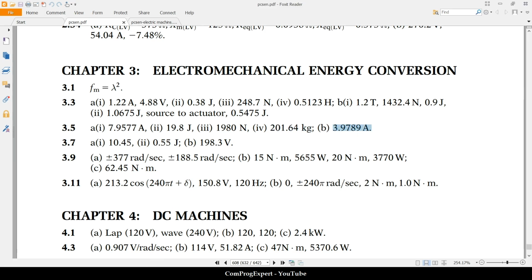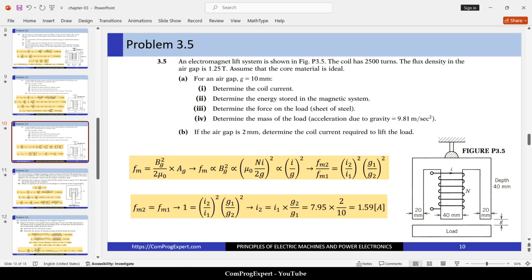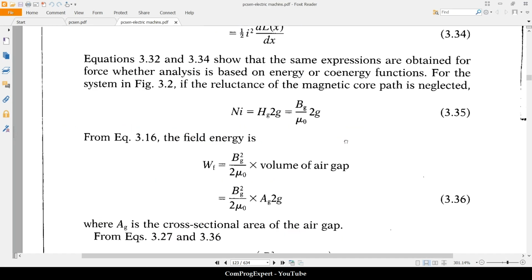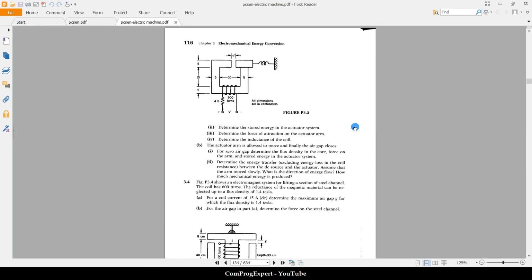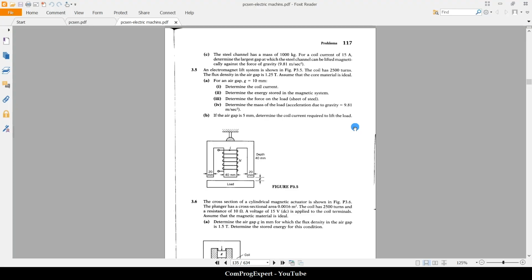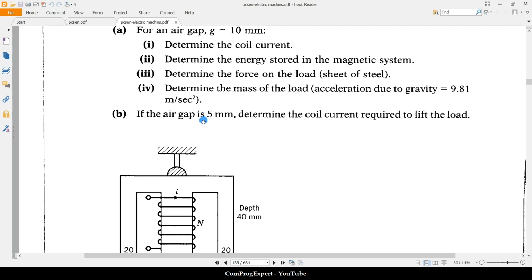What is the number here? 3.97, different from the number that we have. I checked the second edition. In the second edition, if you check this problem, this is the case.